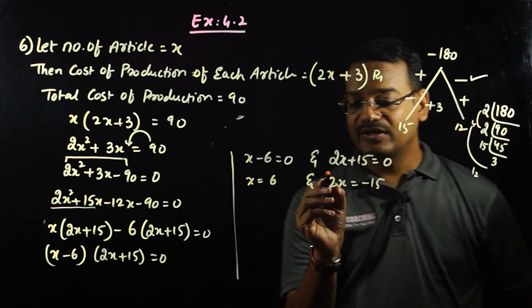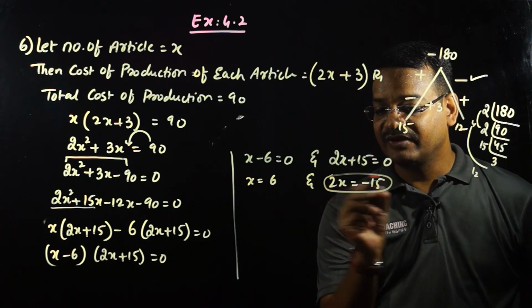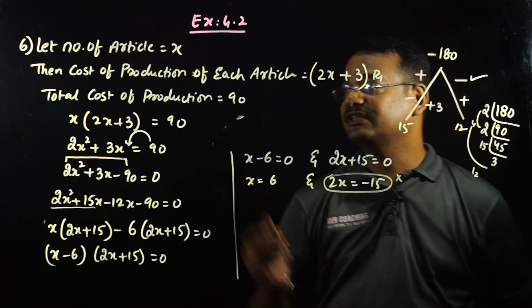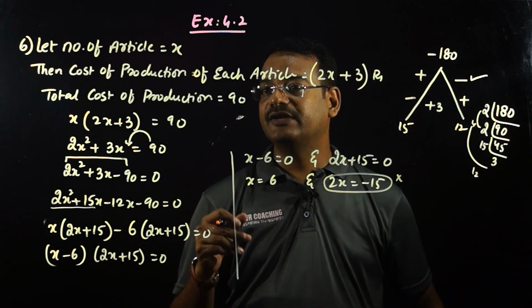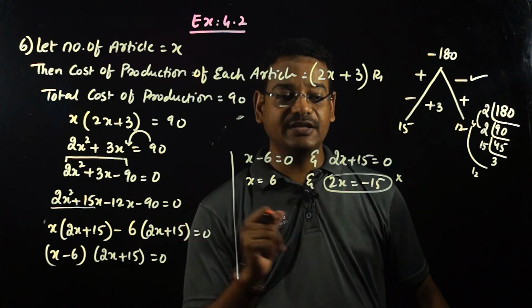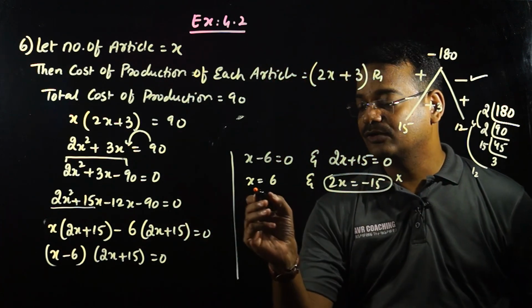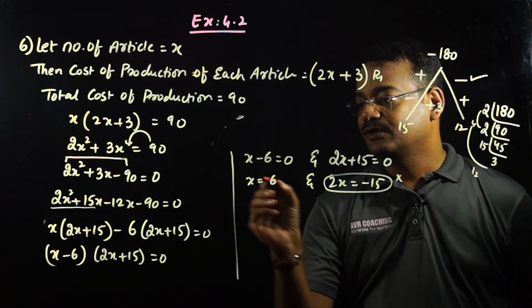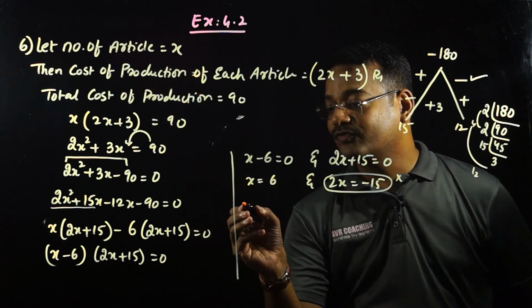Because this 2x equal to minus 15 is a negative value, we will discard it, because we will not have the number of articles or the cost of production in negative terms. So we will discard it and only take x equal to 6. Now x is nothing but the number of articles.